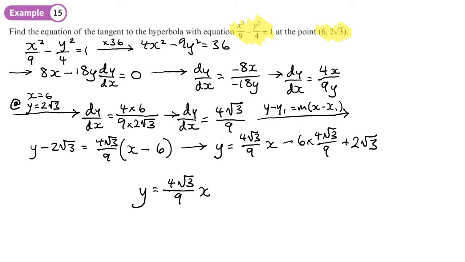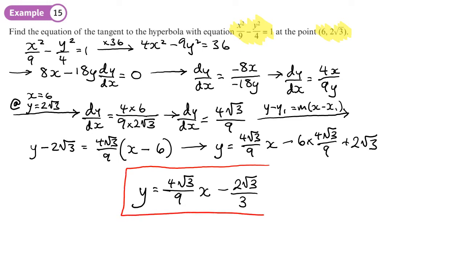So 24 times root 3 divided by 9, which is 8 root 3 over 3, and then plus 2 root 3. It gives me minus 2 root 3 over 3 as the equation for my tangent.